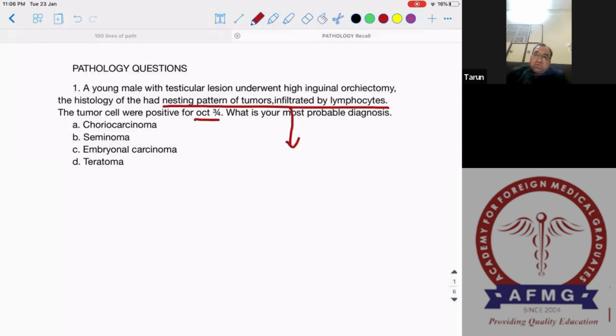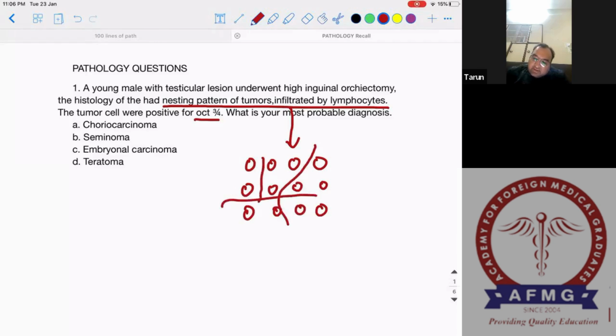In our classes also, I told you earlier that if any tumor of the testis has the characteristic histology of nesting patterns of tumor cells infiltrated by lymphocytes, like there are so many tumor cells here and there, and in between those tumor cells there are intersecting fibrous bands like these, and in these fibrous bands there is a presence of lymphocytes like this, it gives a very characteristic histological finding, even if you don't know what OCT3-4 is, or in which tumor we use it.